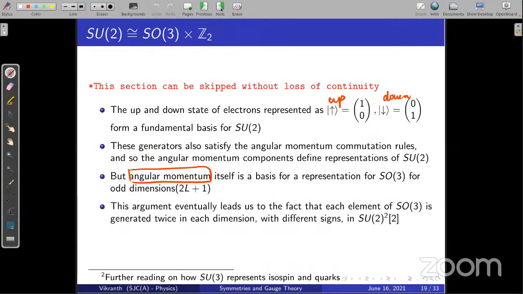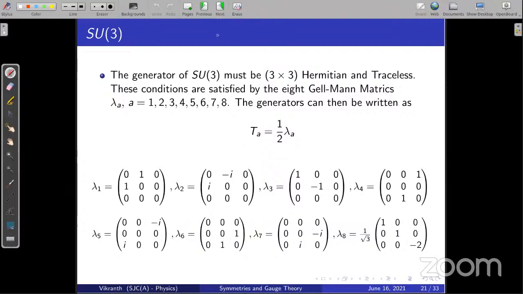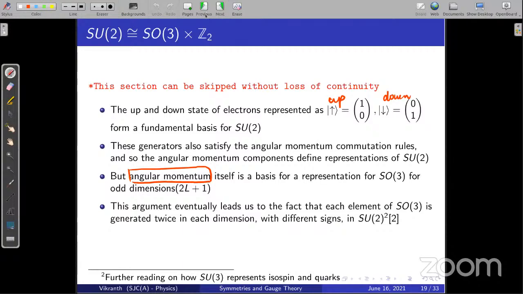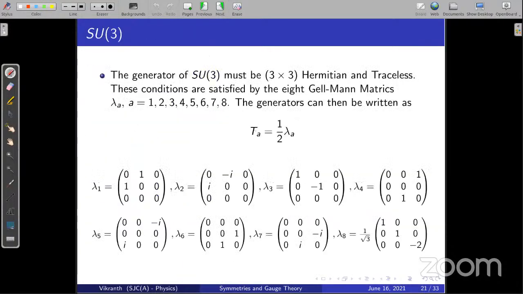Does there exist a similar set of matrices for SU3? The answer is yes, but instead of just 3, you have 8 of them. Now, why are there 8 of them here and just 3 of them here? The answer is, for SU3, you remember that the order of SUn is n squared minus 1. So for SU3, you have 3 squared minus 1, that is 8.